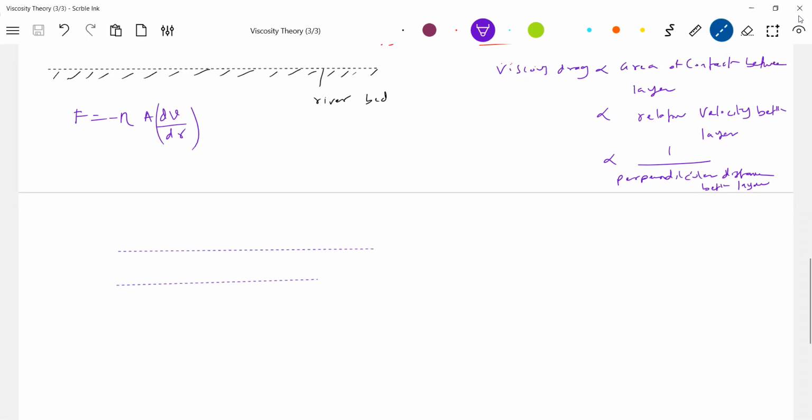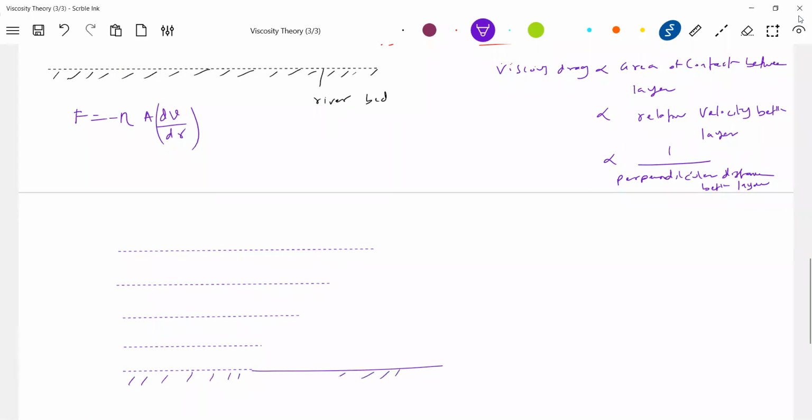This is called a velocity profile. So if this layer has a velocity, say v plus delta v, and this has a velocity v.